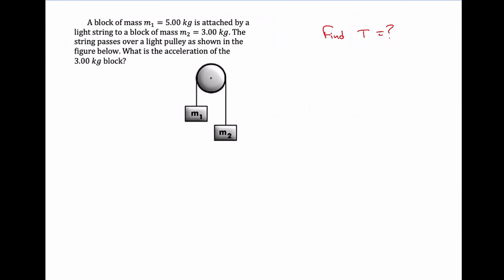Now, the strategy for connected objects is, again, we need to draw a free body diagram. So we have the force of gravity on the first object, which is 5 times g, so it is 50 Newton. And the force of gravity on the second object, which is a little bit less, the force of gravity is 3 times 10, so it is 30 Newton.